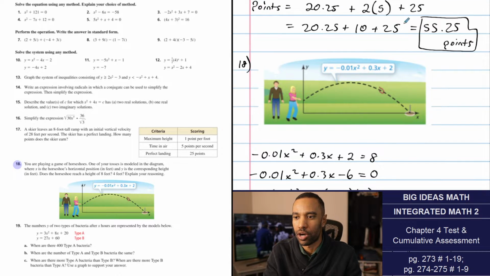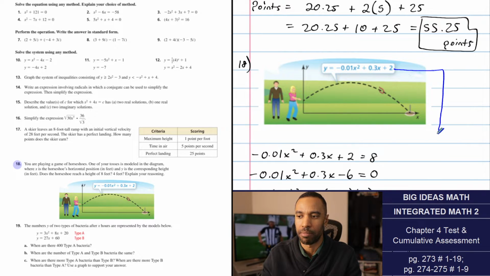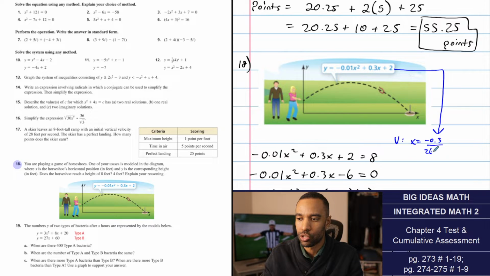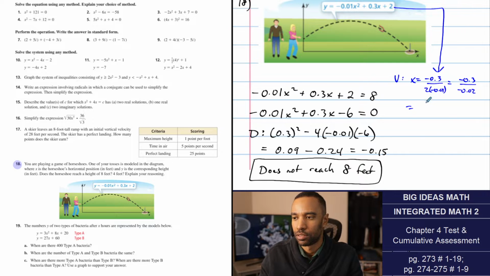Now an alternative to this is using this equation. This actually may be faster because you can answer two things in one. With this one, you can get the vertex x value. You get negative b over 2a, which is negative 0.3 over negative 0.02, which is, I don't know why I don't know that faster, 15.